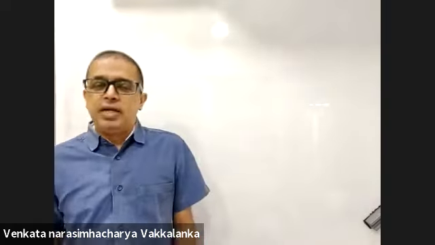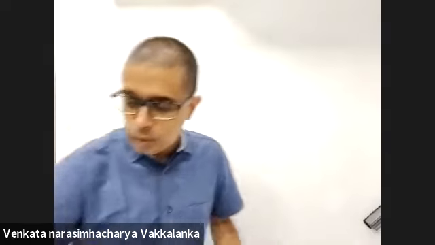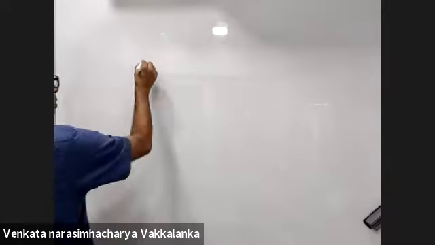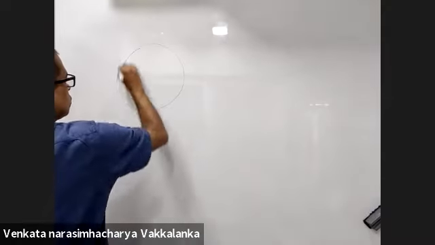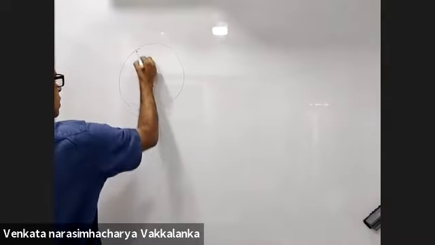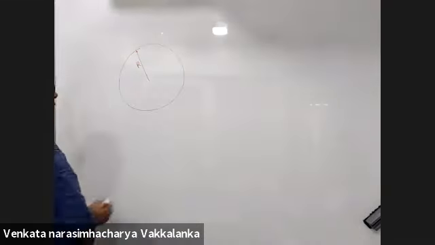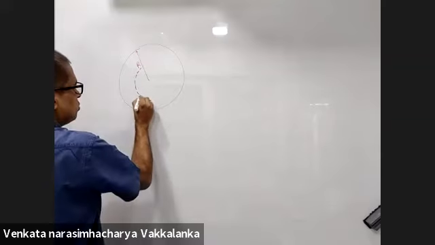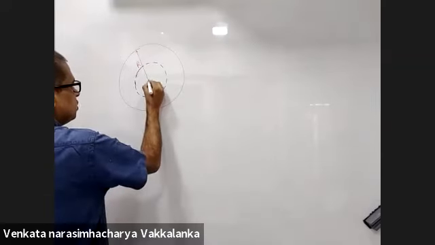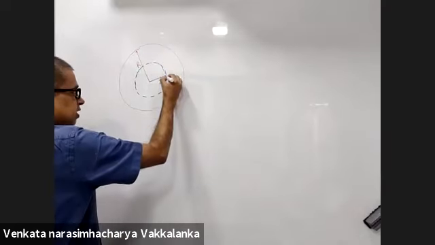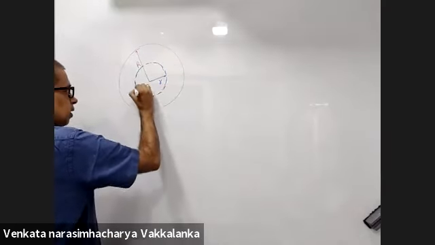Yesterday, the last thing we dealt with was the field due to a solid sphere inside the sphere. I will redo that and then go for potential. You are interested in the field at a distance of small r.